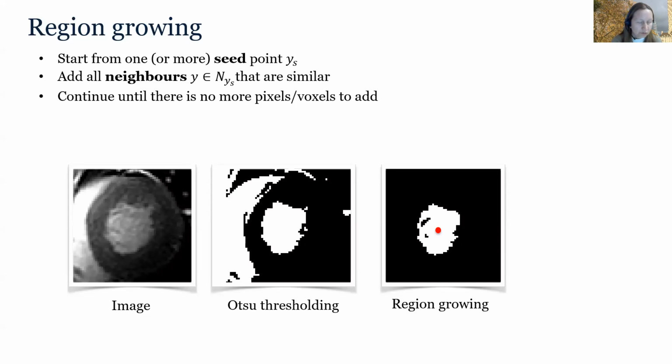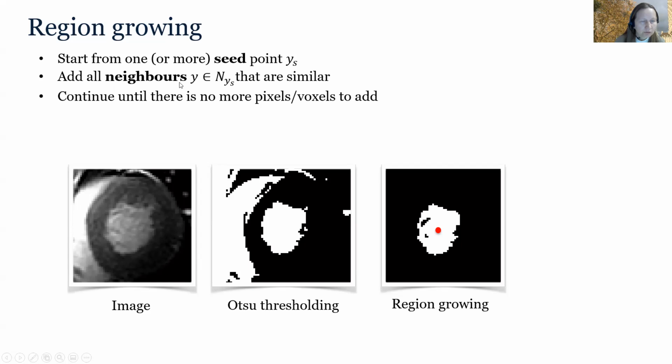An alternative to thresholding is region growing. It is different because in thresholding, we just threshold the image intensities. But with region growing, we start with a seed point and grow from the seed point until we come to some image edges. So we basically want to include all the pixels that have similar intensities. We start from one or more seed points, where YS here is the intensity of the seed points.